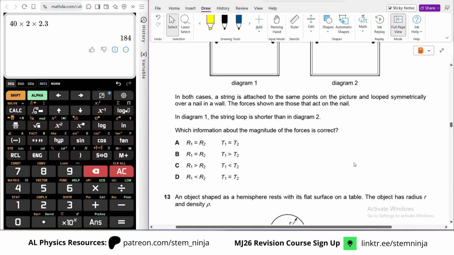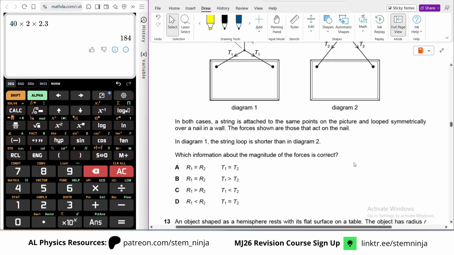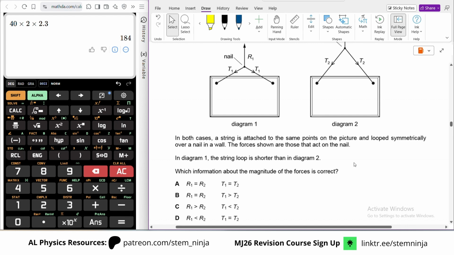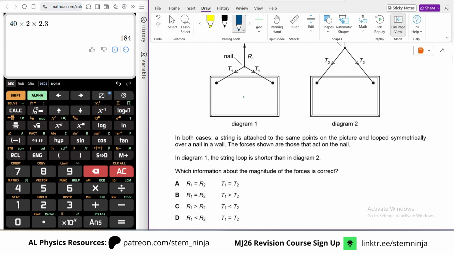Right, okay, R1 is equal to R2, T1, T2. So first off, there is the weight also, so the weight has to be considered.